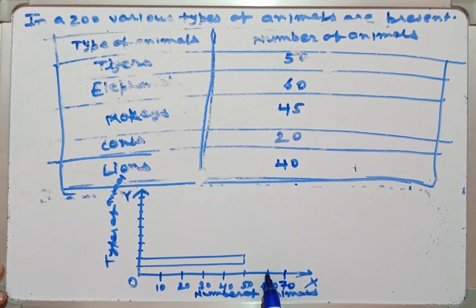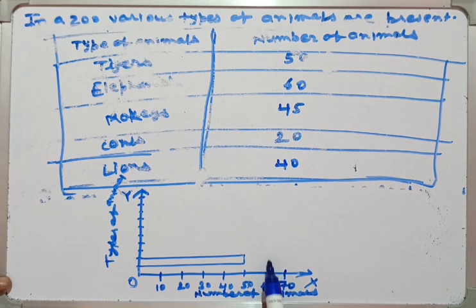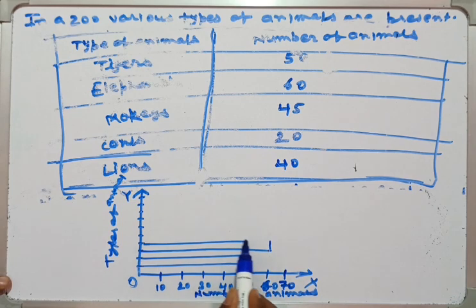So for 60 elephants, you leave one step, because you have to maintain the same gap between two bars. So elephant 60, here is 60, so go here like this.